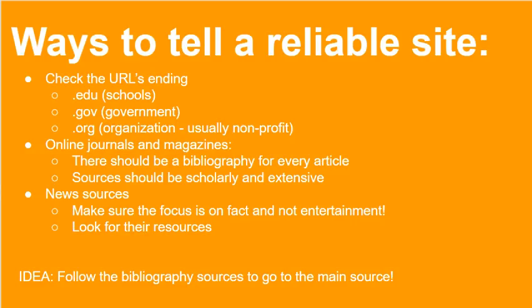Keep in mind that even if we find a reliable site, they may have a hidden agenda of politics or religion that they slant their stories to anyway. But that's okay. If they're a reliable site and they're stating the facts, then we can use them. Please pause the video and write down ways to tell a reliable site.